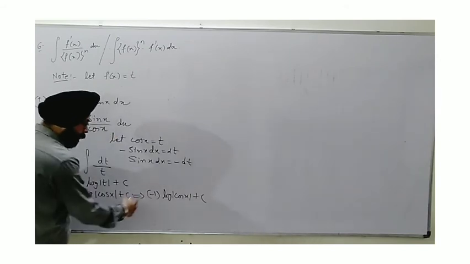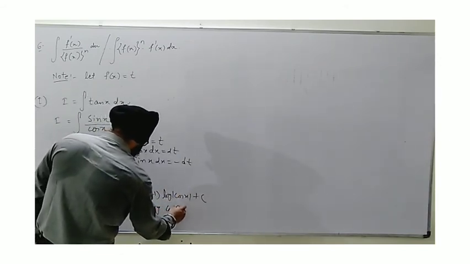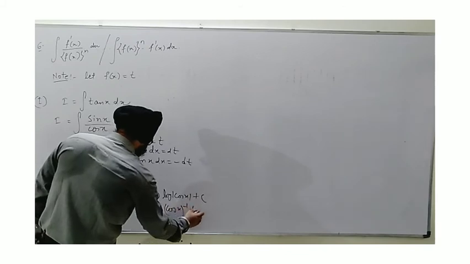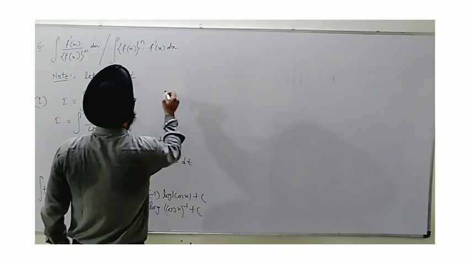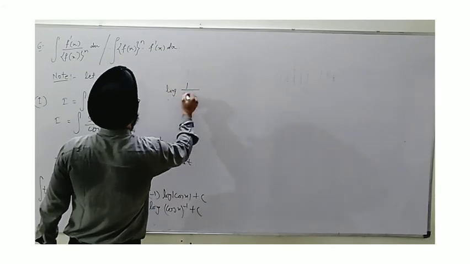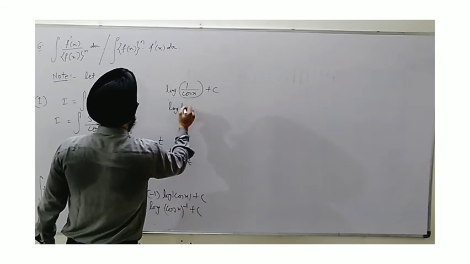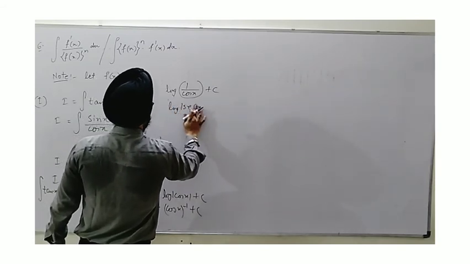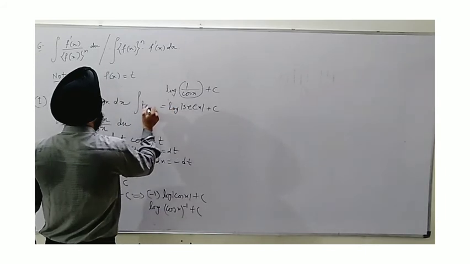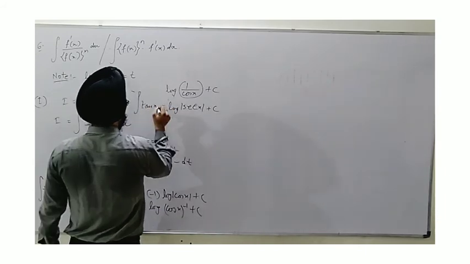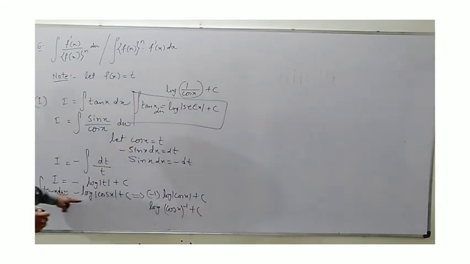Now with the property of log, this can be reversely taken as the power of cos x, so it becomes 1 upon cos x, which will turn into sec x. So yes, the formula for integration of tan x is also used as log sec x. Simple thing: whenever you are taking the minus sign, put cos x.